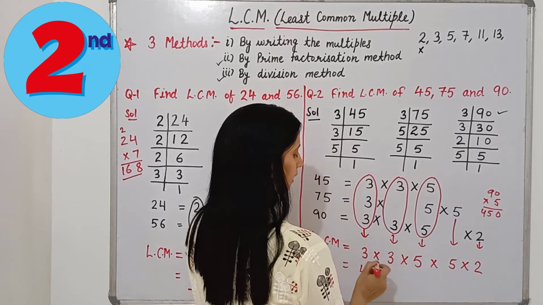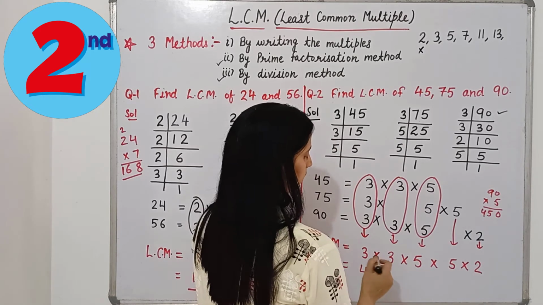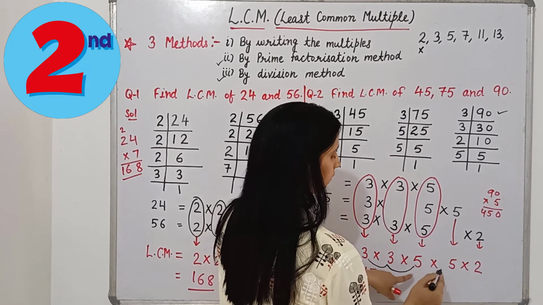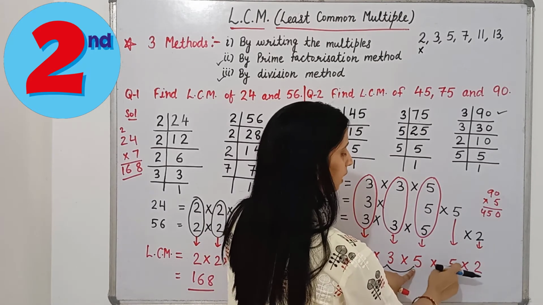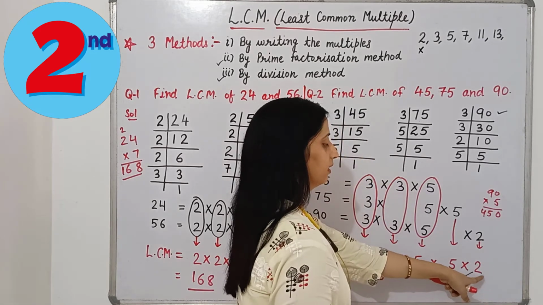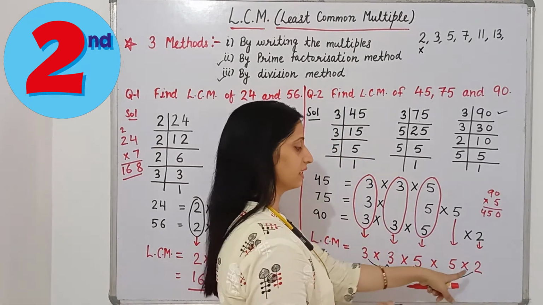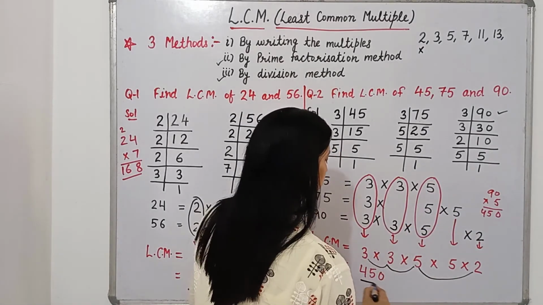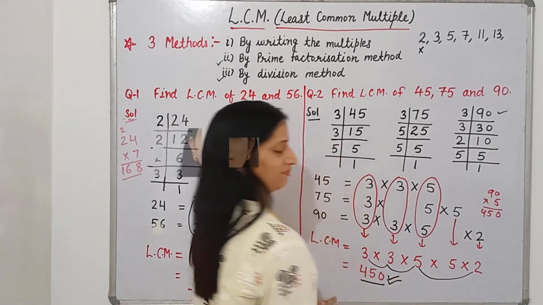We multiplied like this. See, 3 threes are 9. 9 fives are 45. Then instead of multiplying 45 by 5, I multiplied it by 2. 45 twos are 90. Then our multiplication becomes easier. 90 fives are 450. So our LCM will be 450.